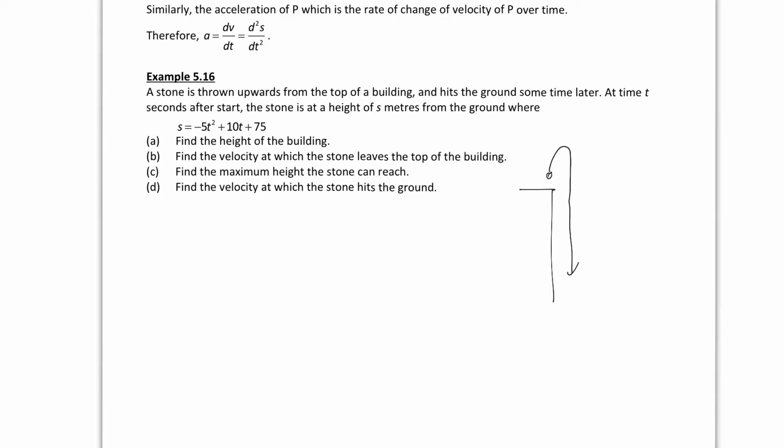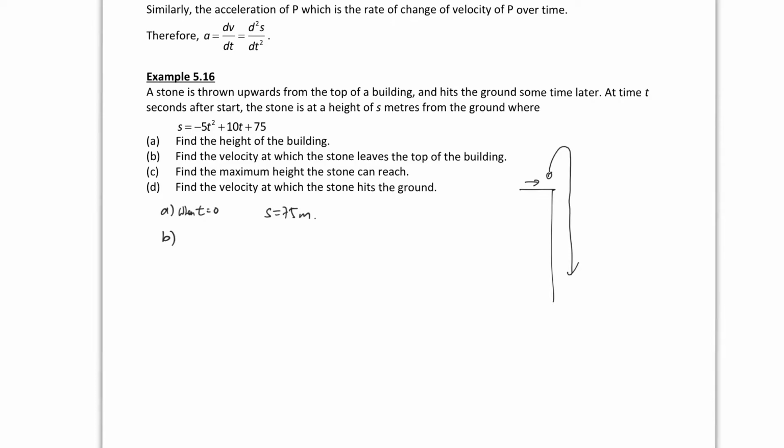Because I know the height of the building, when t is equal to 0, the height of the stone is equal to the height of the building. So part A, when t is equal to 0, then s is equal to 75 meters. Okay, this is the height of the building.